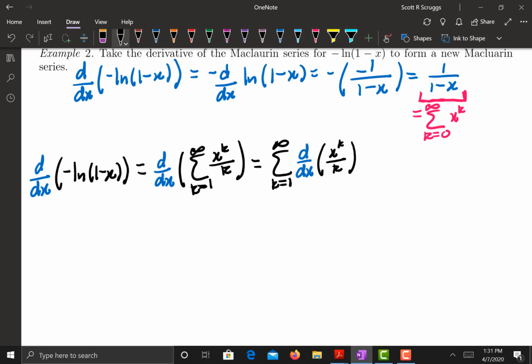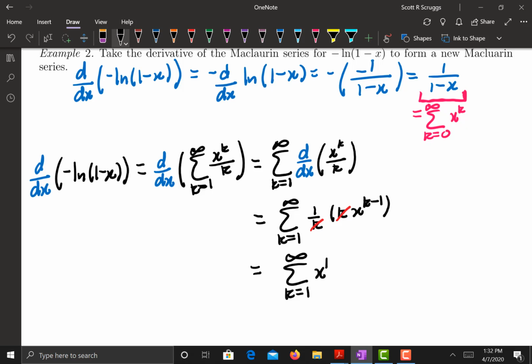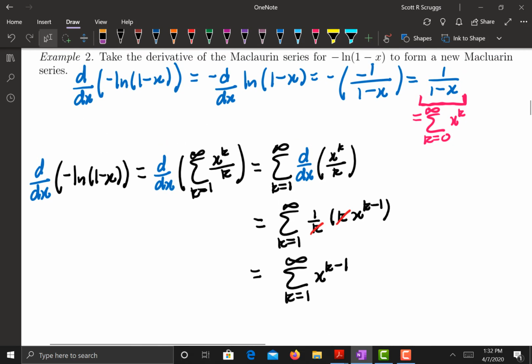Now this just becomes the power rule, so we have the sum from k equals 1 to infinity of 1 over k times k x to the k minus 1. Because I have a 1 over k and a k, they cancel out, leaving me with the sum from k goes from 1 to infinity of x to the k minus 1.